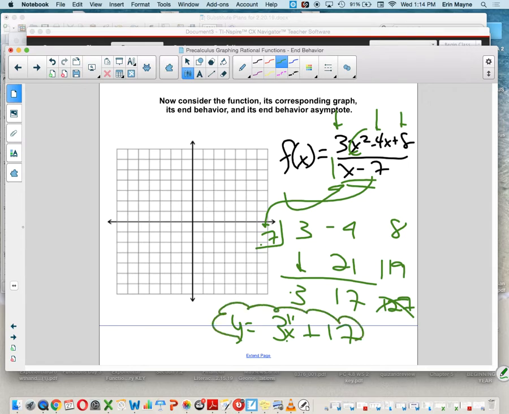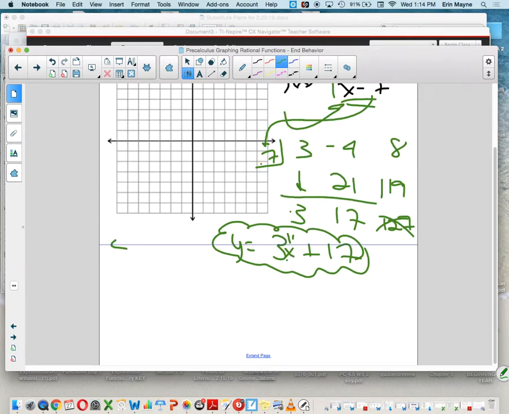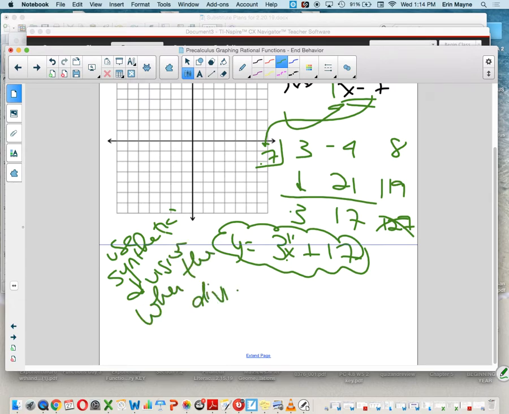If you don't remember that, I'm going to encourage you to get to MathLab, or you can even Google it if you want to, because that's taught to you in Algebra 2, as is long division. I also want to remind you this works. Add this for me. You can use synthetic division in this case when the divisor is linear.